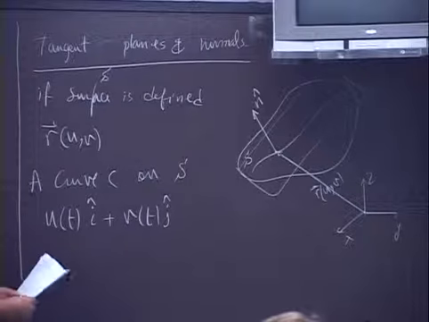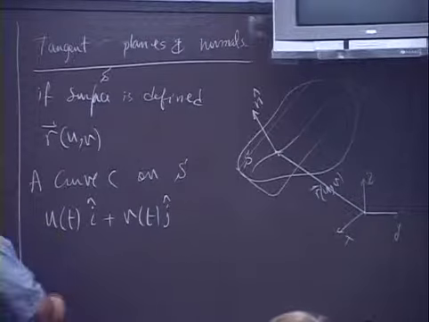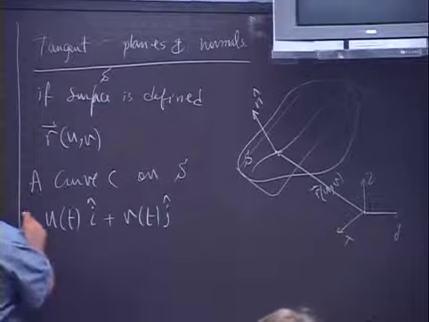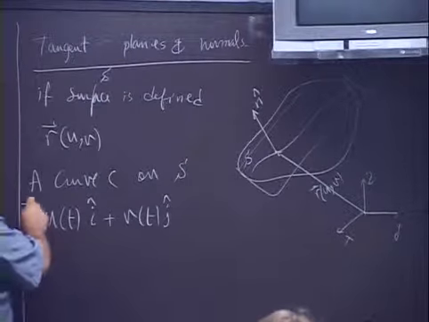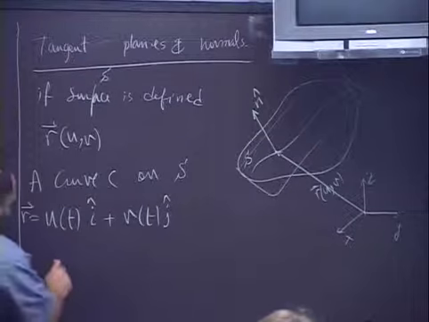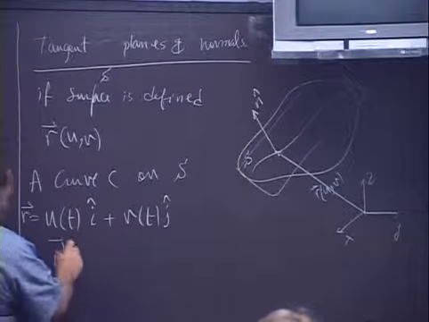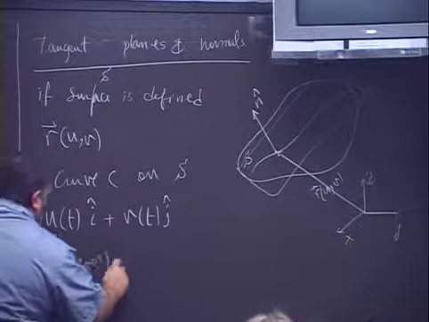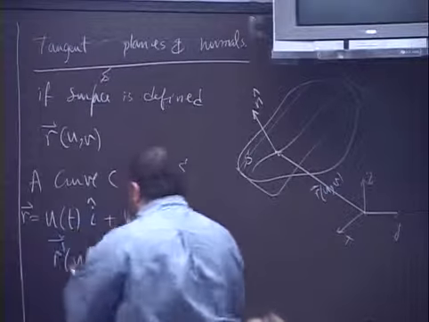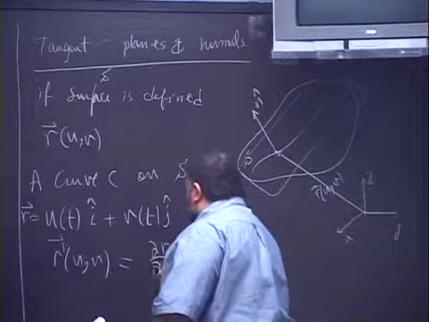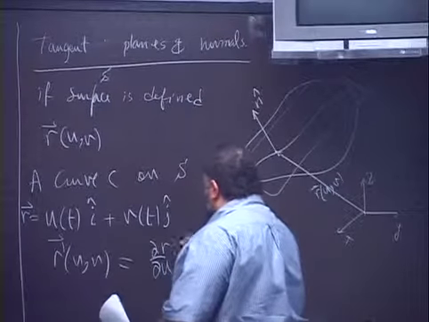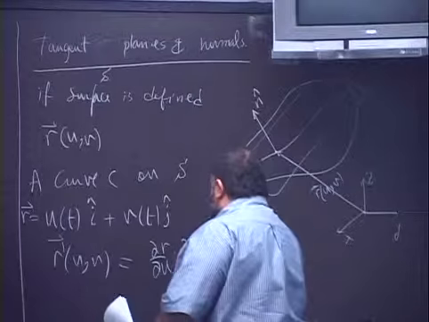Take the derivative. So this is the equation R of u and v of this curve. So take the derivative. This will give you R prime of u and v, and this will be what? dr by du multiplied by du by what?